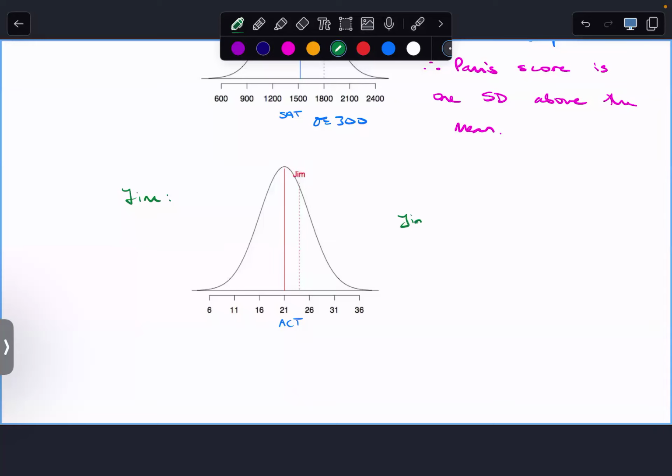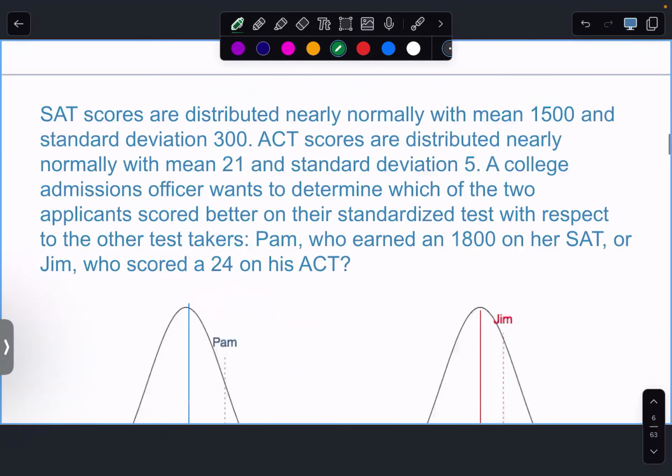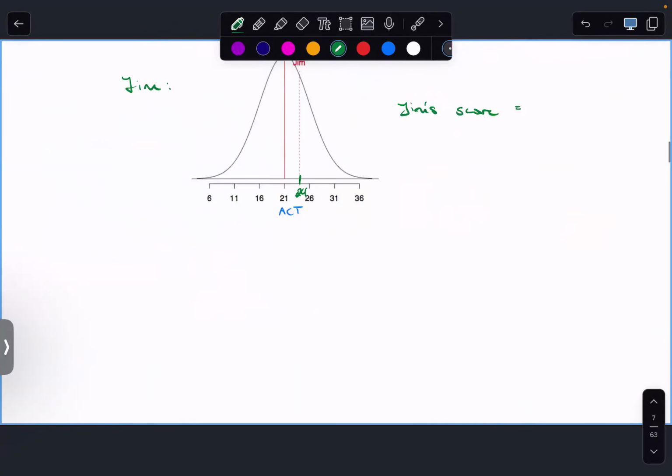So Jim's score is at 24, we were told, and the spread was 5. Sigma is 5. So Jim's score of 24 is 3 units above the mean, but divided by 5 means what? 3 over 5.